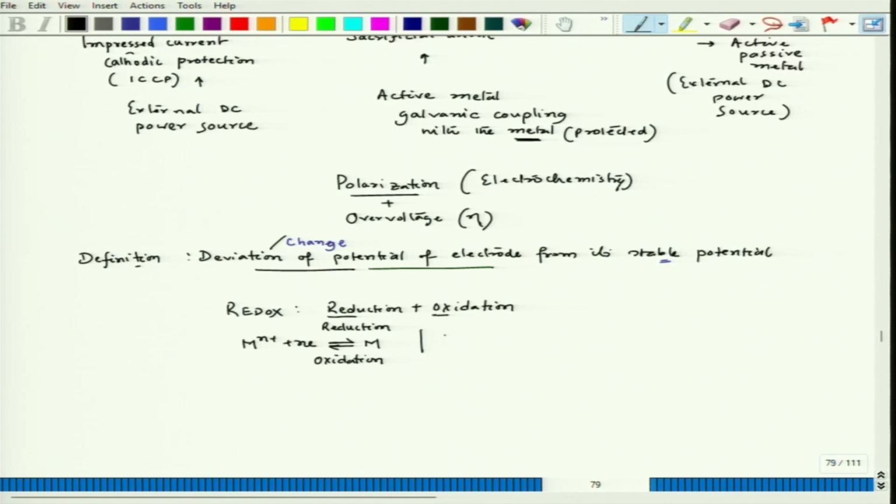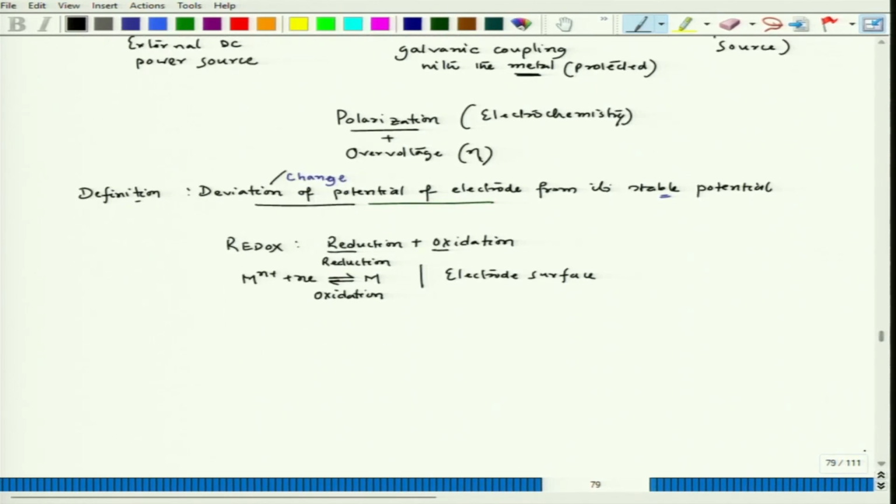And these happen on the electrode surface, and that is where potential develops on that electrode surface. Now, when we look at a single redox process, that means there is no other reduction or oxidation process other than these species, M^n+ and M. There are no other species available.